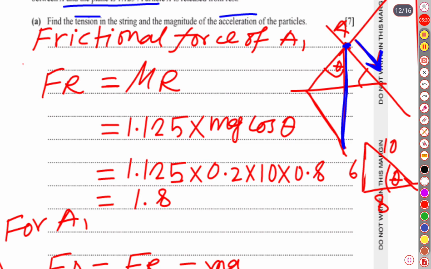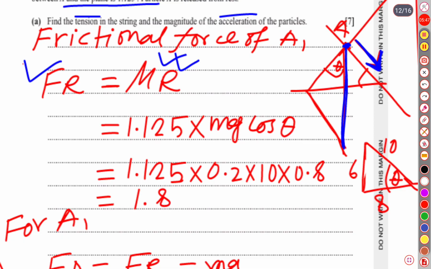The frictional force is denoted as Fr, and Fr is equal to mu R, where R is the normal reaction force. Fr is the frictional or resistance force, whatever you call it, because here the frictional force is only a resistance force.